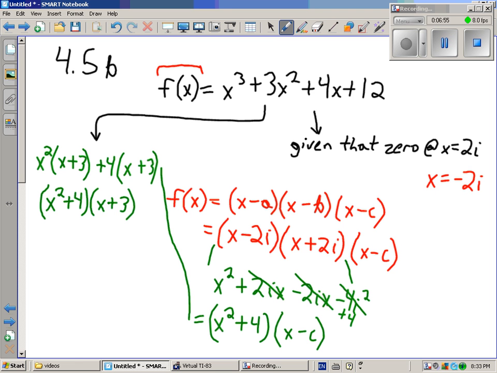So does that make it bad to factor it out that way and then get your 2i and negative 2i? So x minus 2i, x plus 2i times x plus 3. Does that make that bad to do it that way?